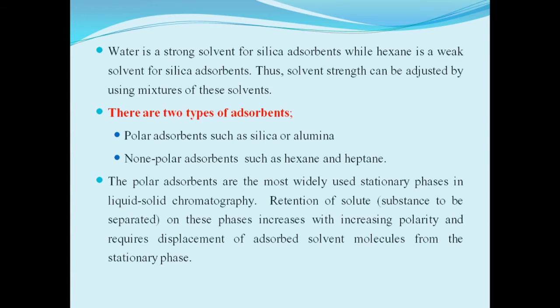It uses a column packed with a solid stationary phase. A liquid mobile phase runs through this column and specific molecules will adsorb to the solid. Some components will adsorb more readily or more strongly than other components.